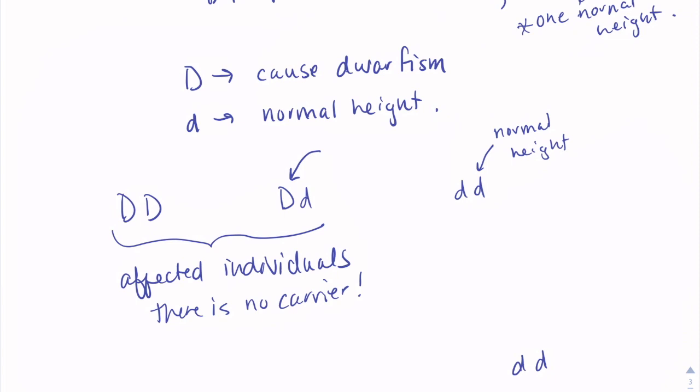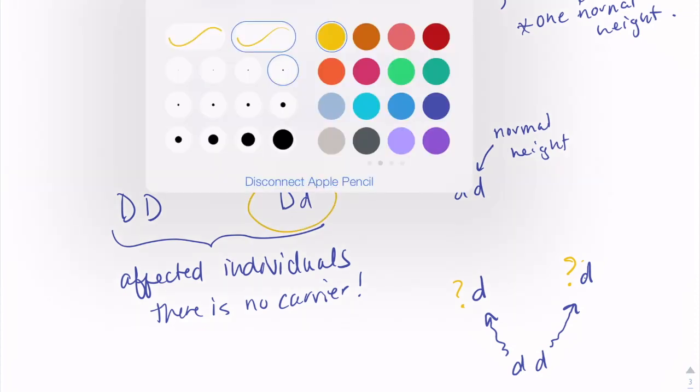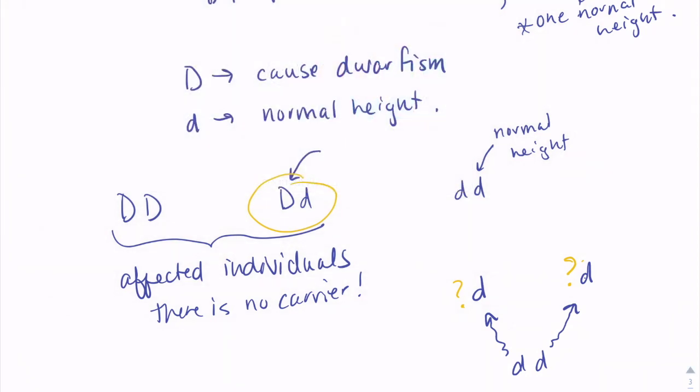We know that they had to get one of those recessive alleles from one parent and one from the other. And we don't know what the other allele is, or do we? Because we know that the parents have dwarfism, so each parent must be heterozygous.